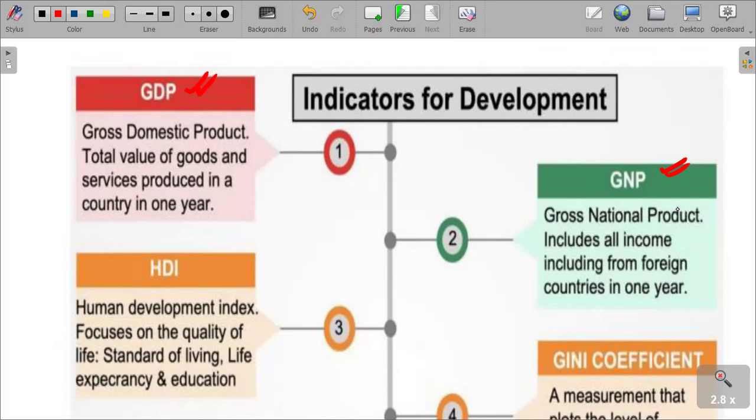Therefore, this reflects a nation's overall economic output and productivity. It provides insights into financial health and potential for growth, so we need to take note of that.